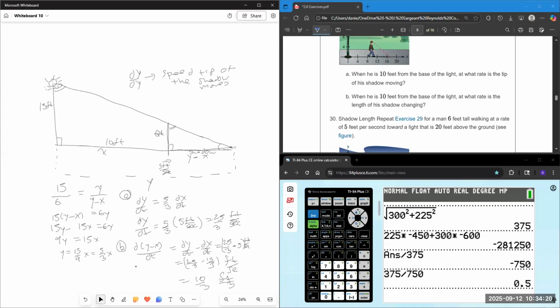And that's your answer to part B. So d(y minus x)/dt is the rate of change of the length of the shadow.